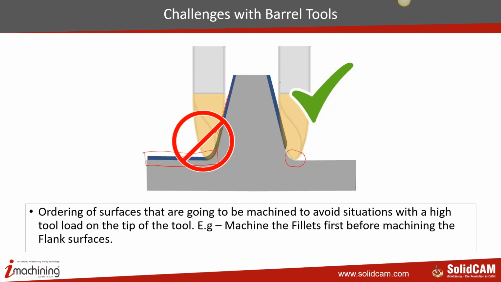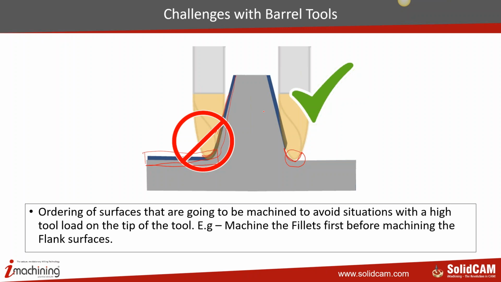Because if you directly go to machine the part, with material present on the flank as well as the floor, the time the tool comes down on the flank and starts getting into the fillet, you will get a bigger force acting on the tool, because the material is now encompassing the entire small area of the tool, which is in any way the weakest part of the tool because of the small radius, and thereby the wear increases.